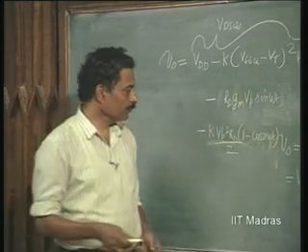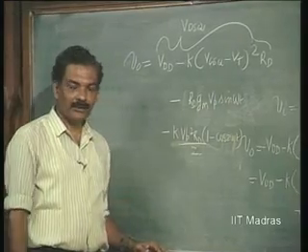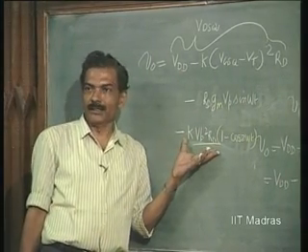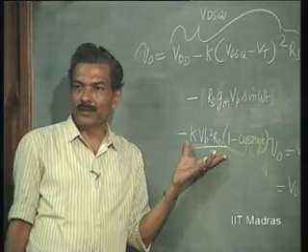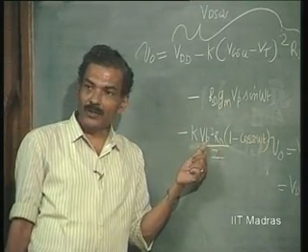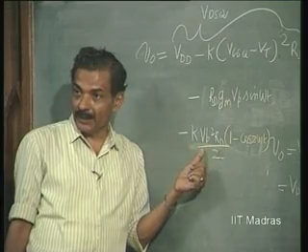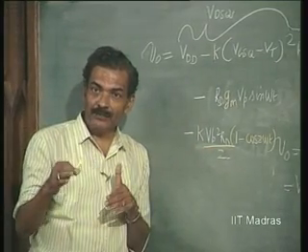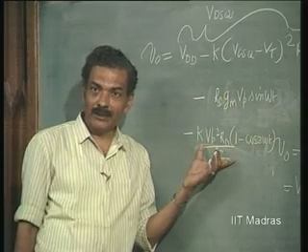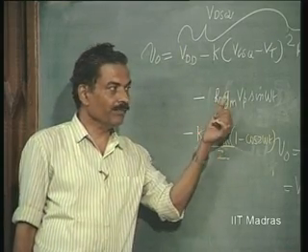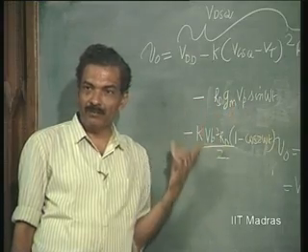So, this is something that you can always do in design. Suppose you are asked to design a FET amplifier for an output distortion less than 1%, then you can also find out what should be the value of Vp, what should be the limiting value of Vp to retain the distortion at less than 1%, because this is Vp squared, and if you divide it by this, one Vp will still be there.